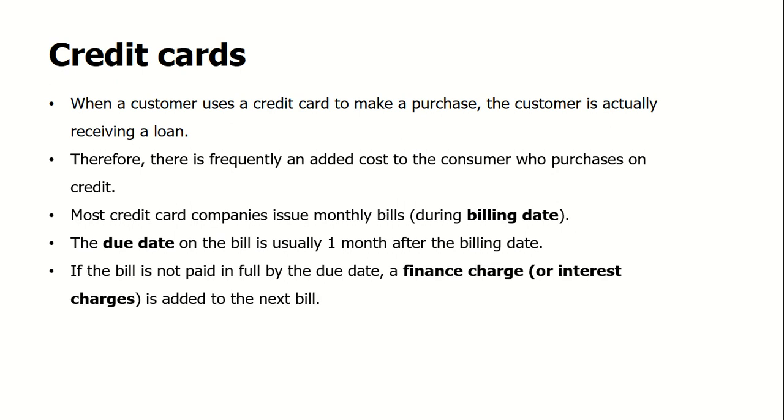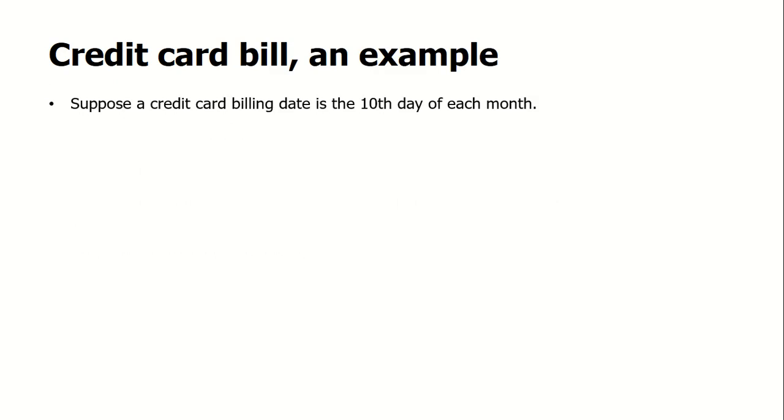If you are not able to pay in full by the due date, you will be receiving finance charges or interest charges, and it will be added to your next bill. For example, you applied for a credit card on January 10. That means your billing date will be the 10th day of the month.